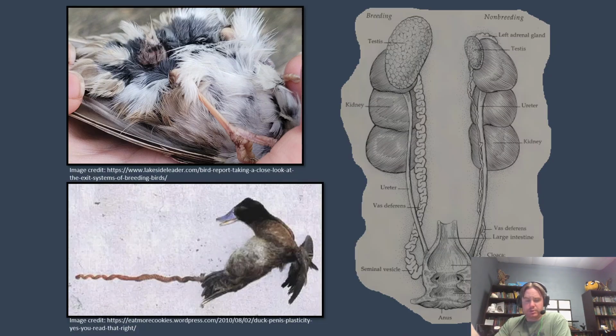There's some really interesting stuff with duck evolution and how females have evolved corkscrew-shaped vaginas in response to male corkscrew-shaped penises, and they keep getting longer and longer. I don't really want to go a lot into duck reproduction because it's a rather aggressive and gross thing.